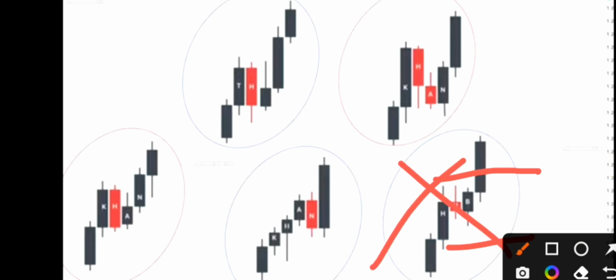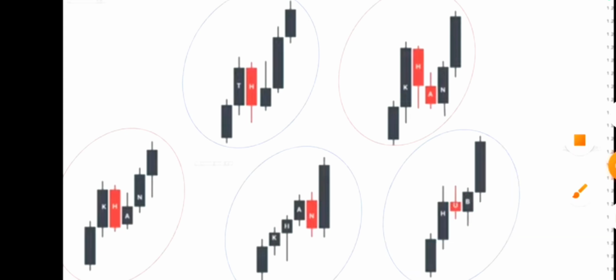All of this is just a single leg move, which you can call an aggressive move or whatever name you give it in the markets, until you have the market coming down to sweep the low of this weak candle before you can have a valid pullback. So in any bullish market, after the higher candle, the market must come down to sweep the low of that particular higher candle.